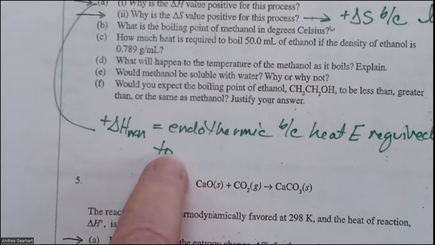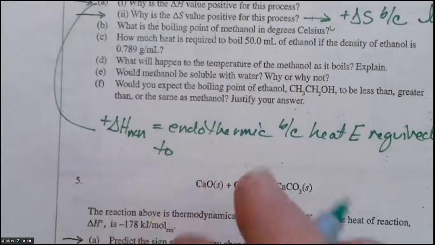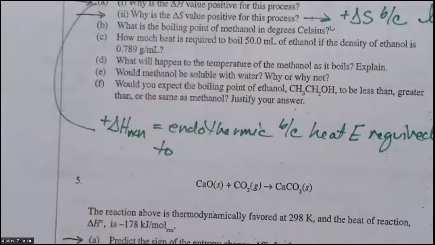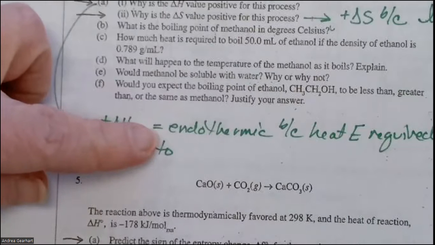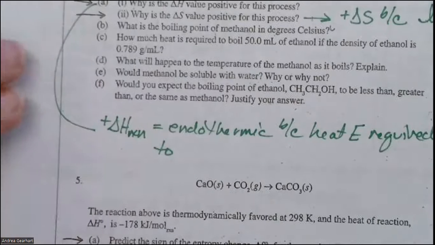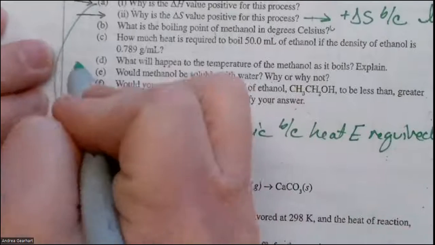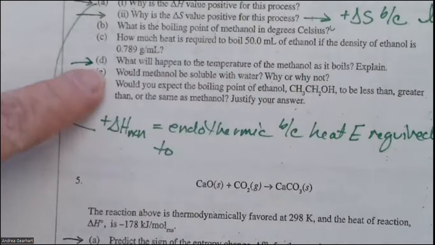All right. So we wouldn't have to relate that, okay, if delta H is positive, that means it's endothermic. But we know that means heat is required. Why here? Go. Can I ask you this? D. What is your answer to D?